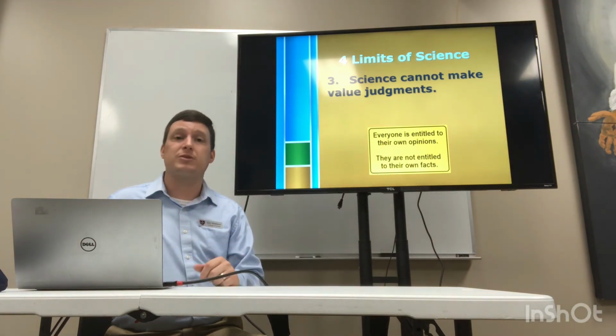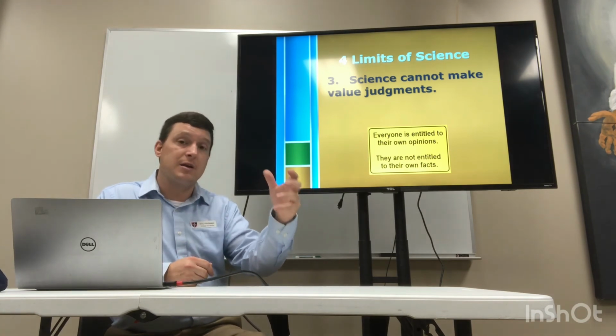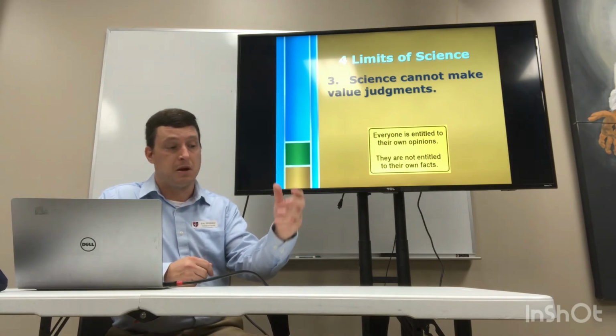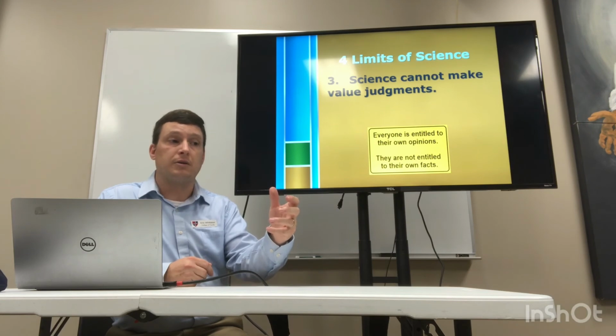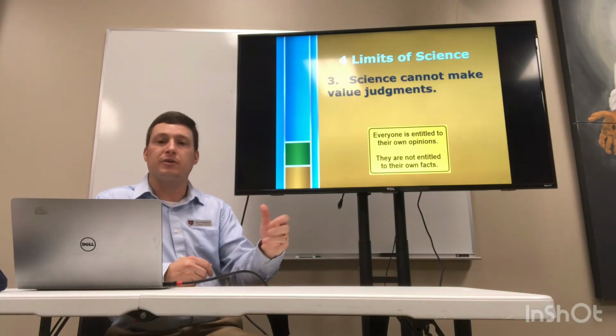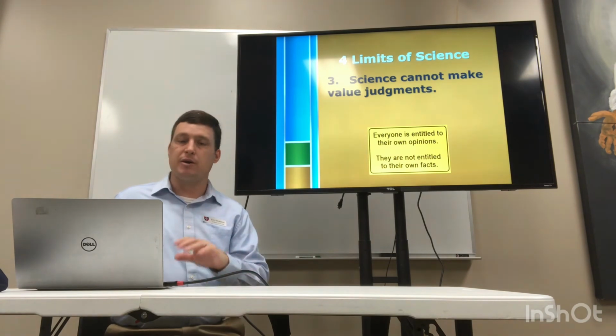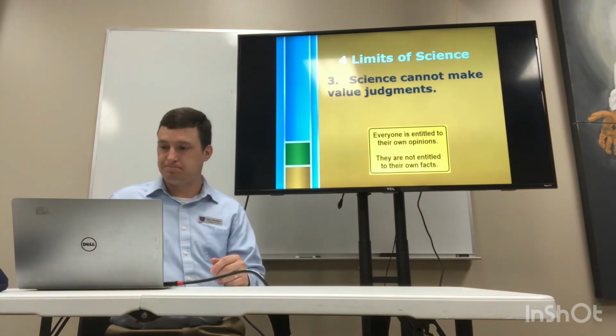So in science, we stick to measuring facts alone. I could take that same cup of coffee and measure its temperature. I could measure other attributes about it and its chemical composition. But that would be scientific versus opinion-based. So science does not make value judgments.